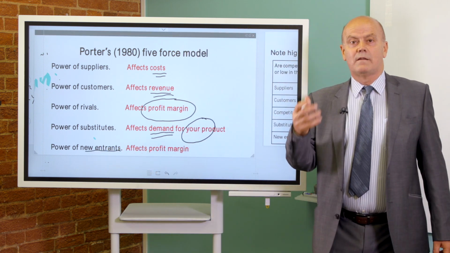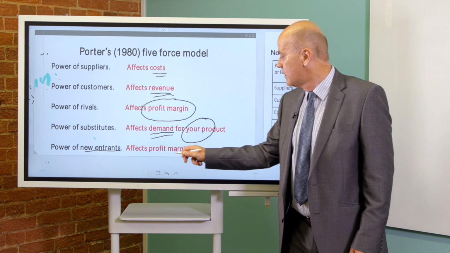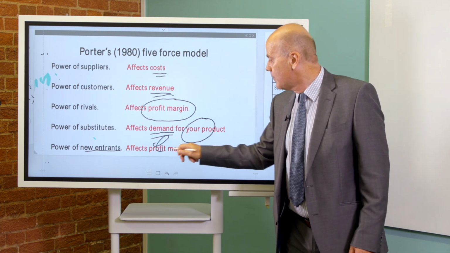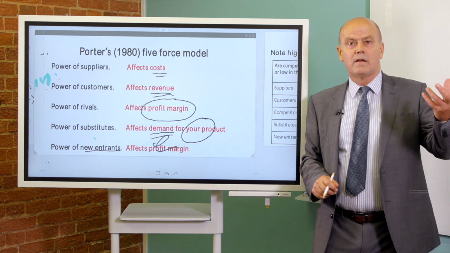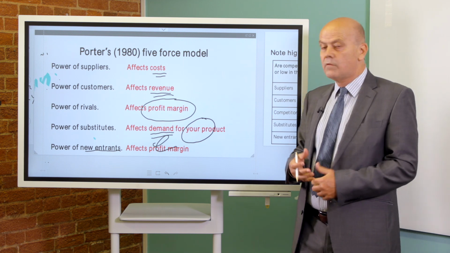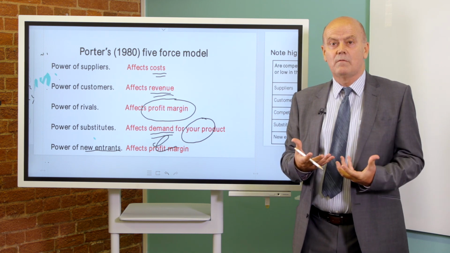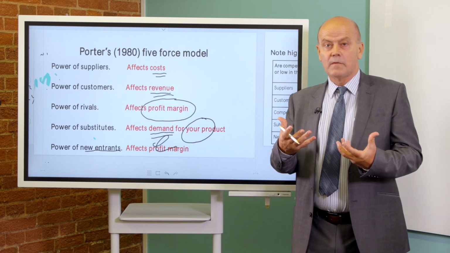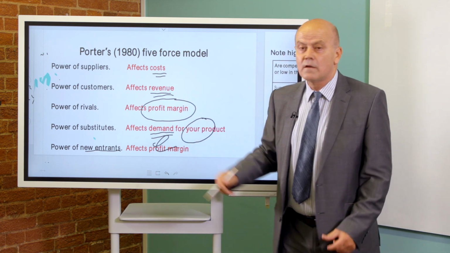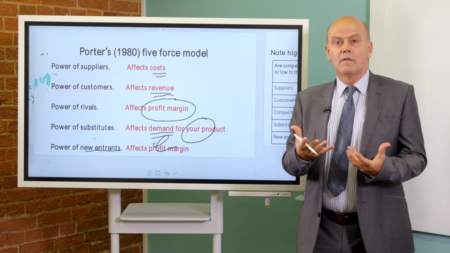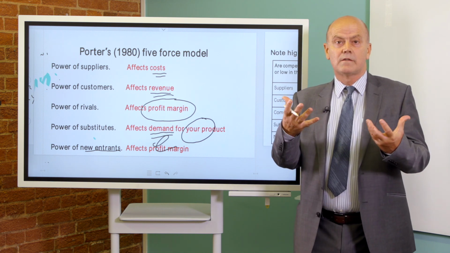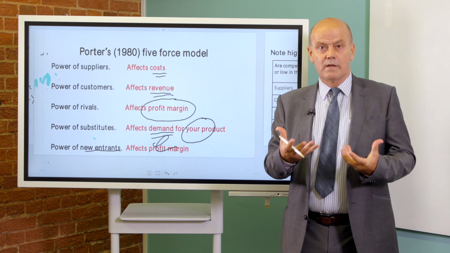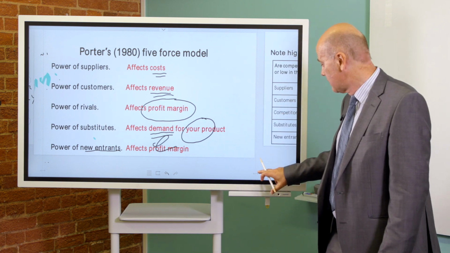And again, that affects our profit margins. So we're really under attack here from all five of these. And all five of these potentially mean we have low profits. But if we don't have these five, it could mean that we've got the potential for very high profits. So it's not necessarily a bad situation.